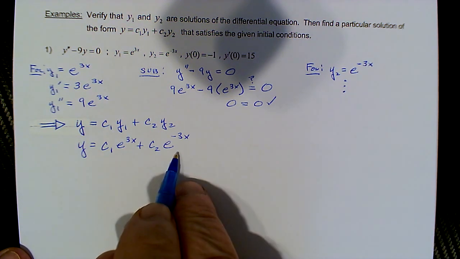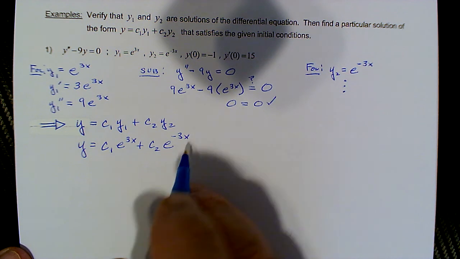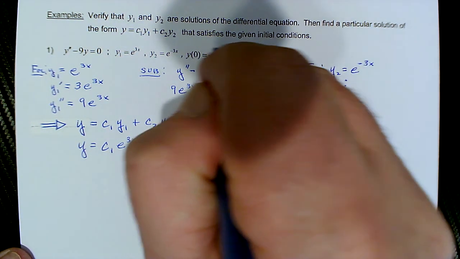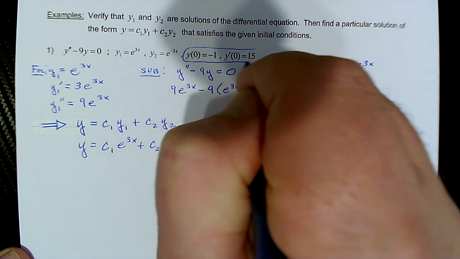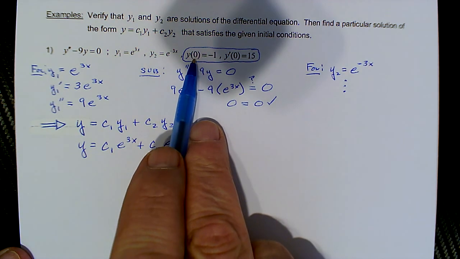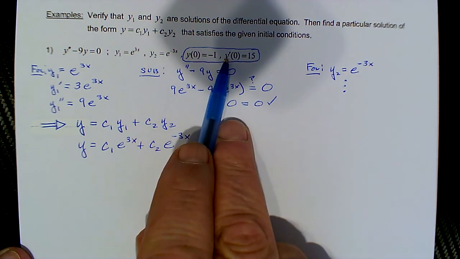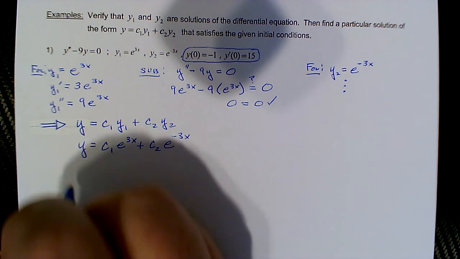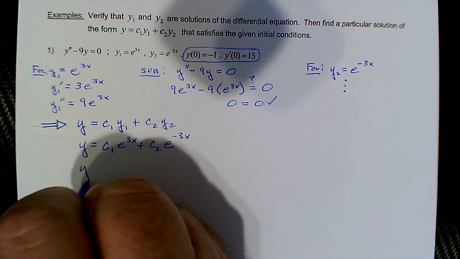So to find the particular solution, we're going to use the two initial conditions, and note that the initial conditions are just the function and its first derivative. So we'll just need one derivative here, y prime.